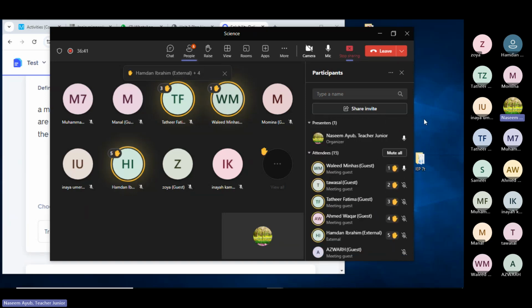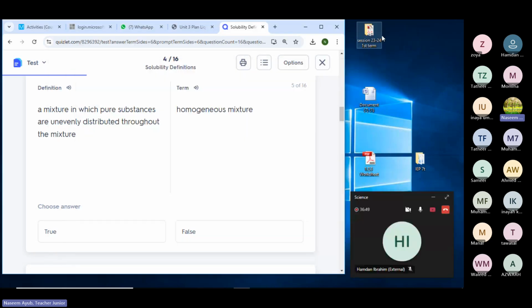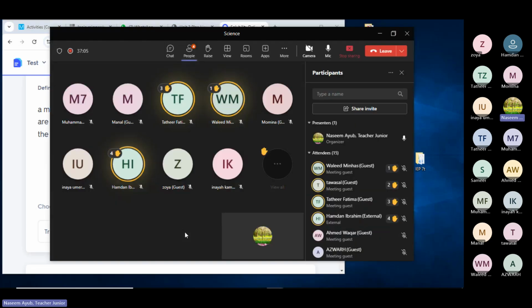Hamdan, you are raising your hand. Please tell me. Ma'am, I think it should be a heterogeneous mixture. Yes, it is false, and the correct statement would be a mixture in which pure substances are unevenly distributed. Yes, it's a heterogeneous mixture.